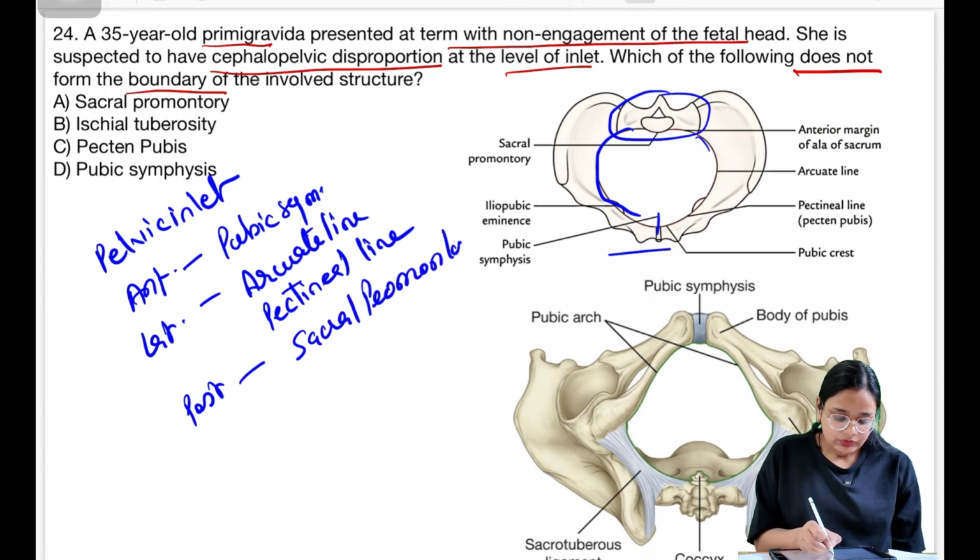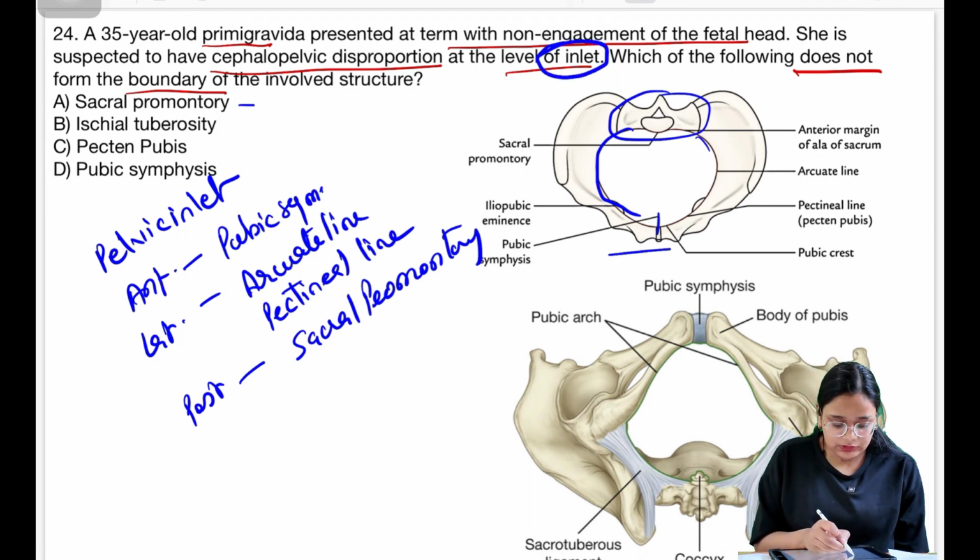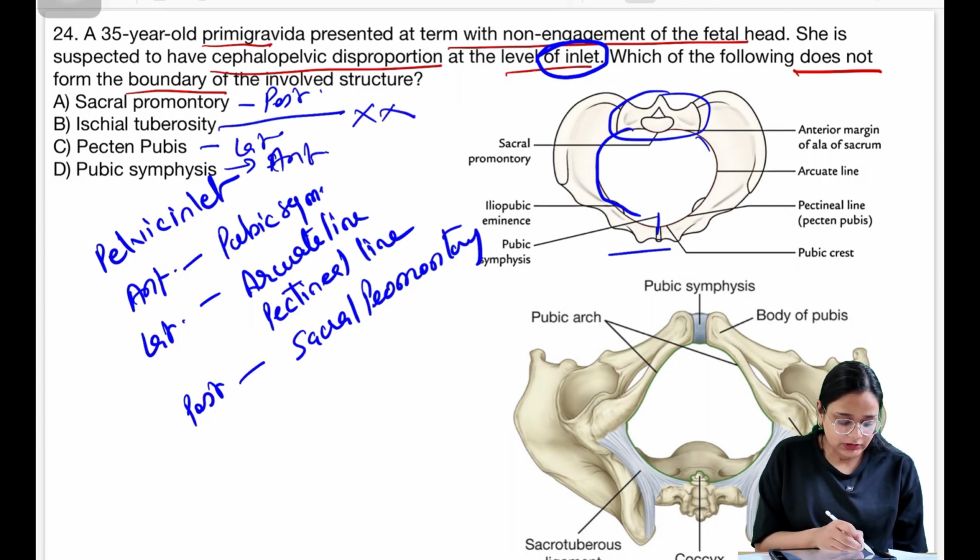Since they have asked about the inlet, which of the following is not forming the boundary? Sacral promontory, yes, it is forming the posterior boundary. Pecten pubis, lateral boundary, and pubic symphysis, anterior boundary. This ischial tuberosity is not forming any boundary, so this will be the correct answer.